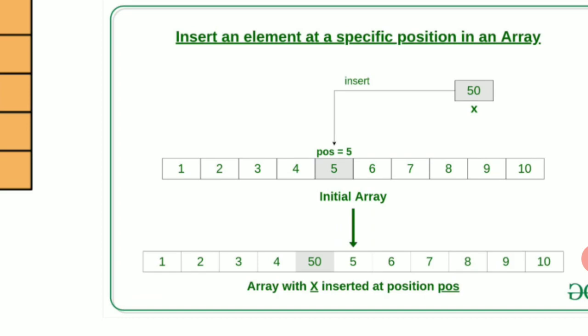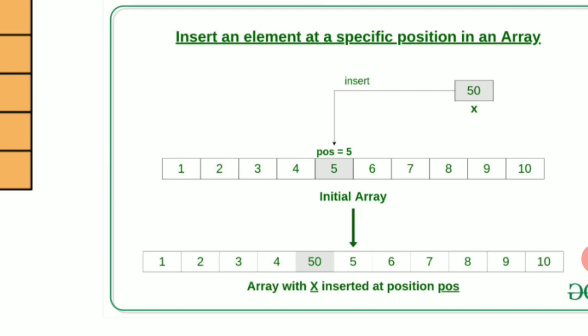1, 2, 3, 4, 5, 6, 7, 8, 9, 10. There are 10 numbers in the initial array. The above array that we are seeing here has 10 numbers starting from 1 to 10. And in the below line, you can see clearly, the array with x inserted at position POS.